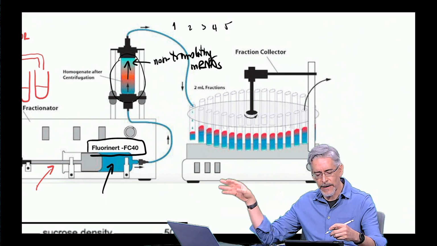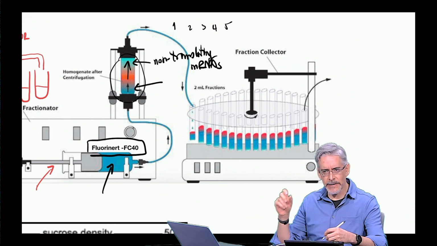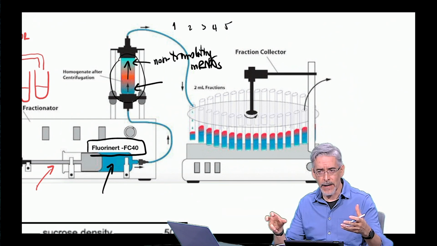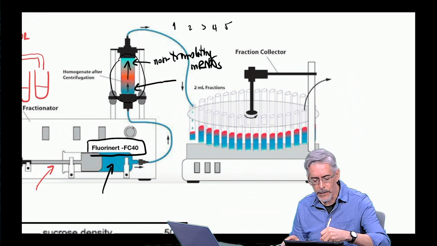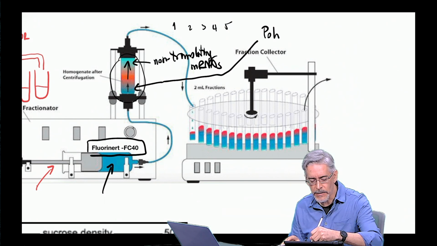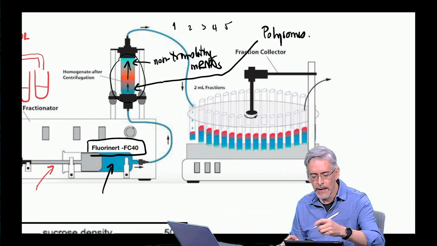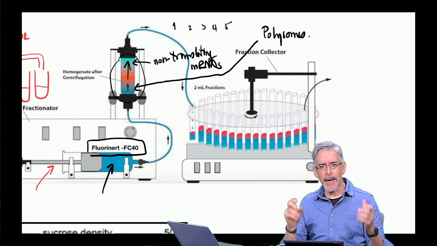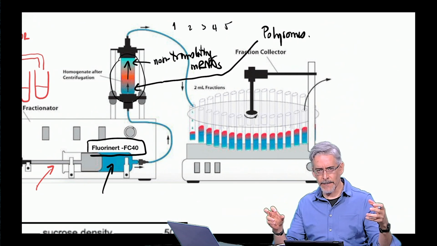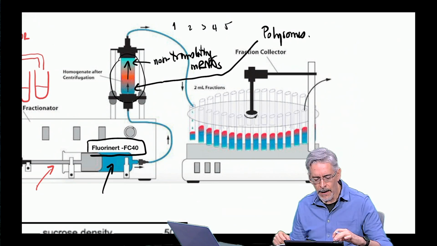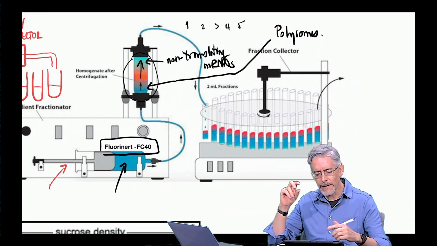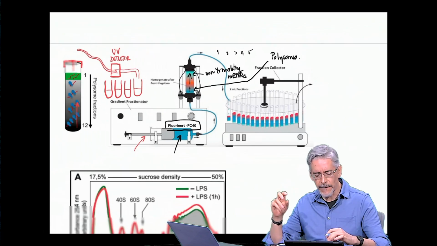The latest fractions will contain the messenger RNAs that have more than a few ribosomes associated to them, something that we will be referring to as polysomes. So keep that in mind. Messenger RNAs that are associated with many different ribosomes at the same time are referred to as polysomes. All right, so then you will have them separated in different tubes, in different fractions.